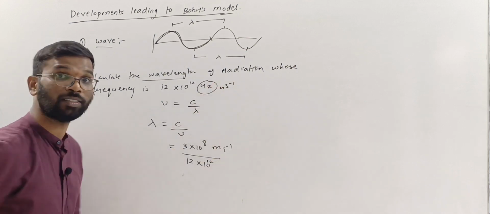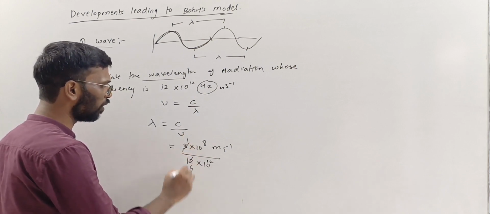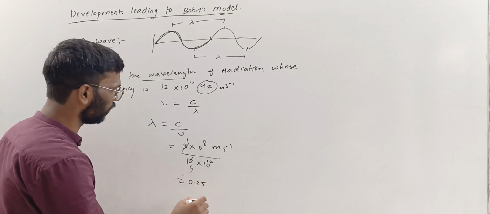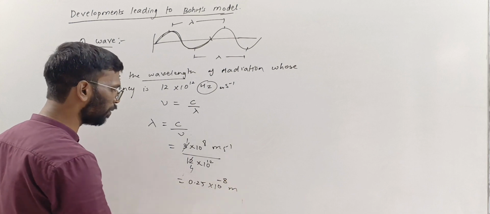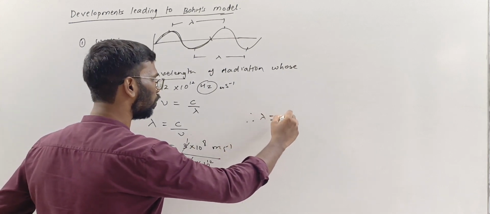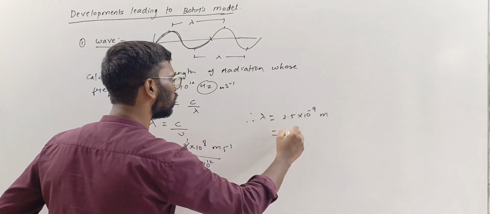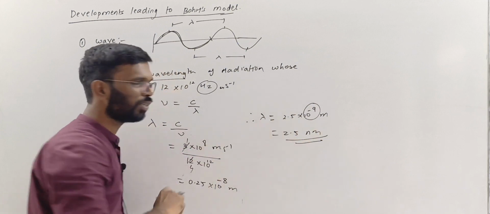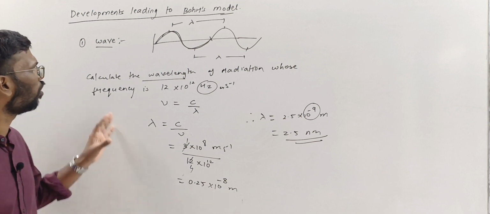So 3 by 12 is 0.25, giving 0.25 into 10 raised to minus 4... so lambda is equal to 2.5 into 10 raised to minus 9 meter. This 10 raised to minus 9 is nano, so 2.5 nanometer is the wavelength. This is the brief revision of waves.